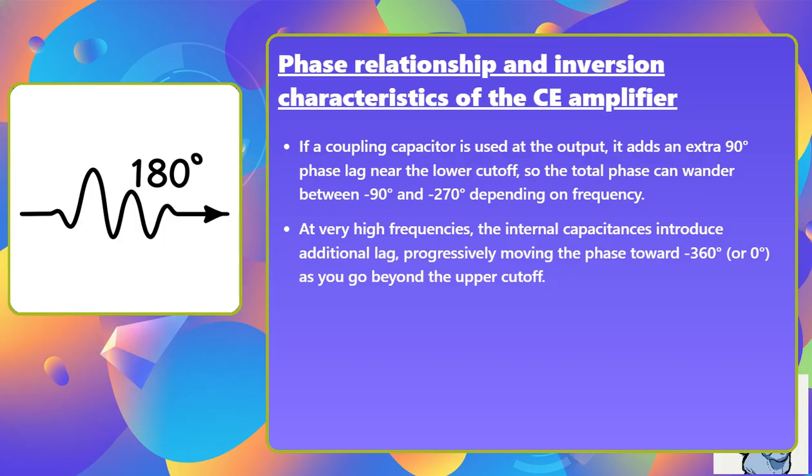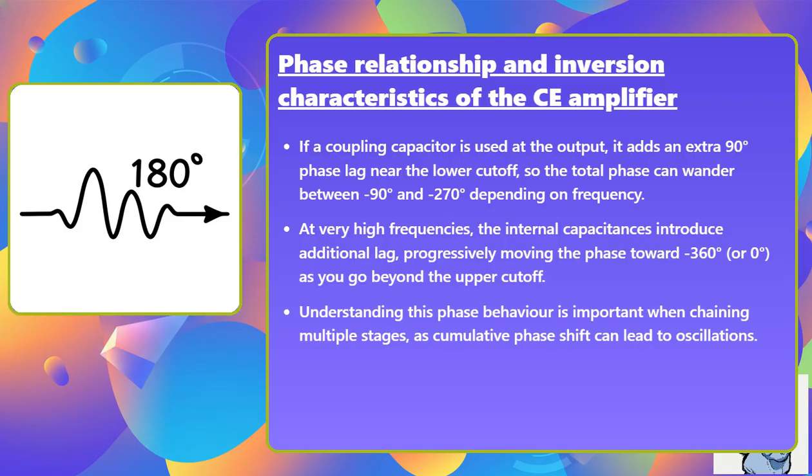At very high frequencies, the internal capacitances introduce additional lag, progressively moving the phase toward negative 360 degrees or 0 degrees as you go beyond the upper cutoff. Understanding this phase behavior is important when chaining multiple stages, as cumulative phase shift can lead to oscillations.